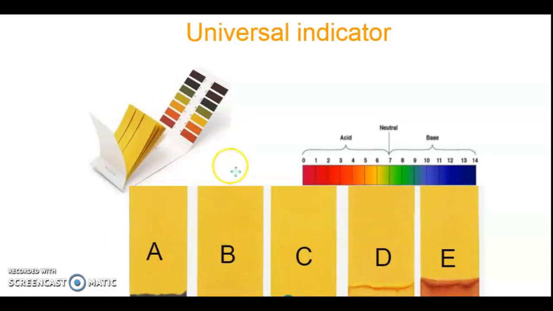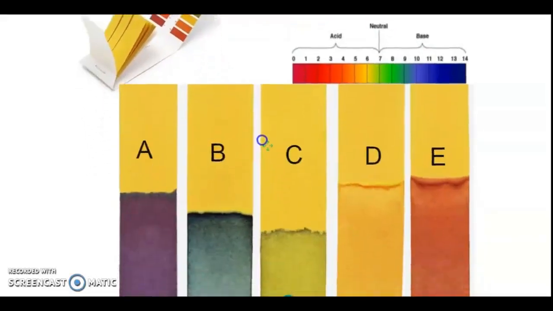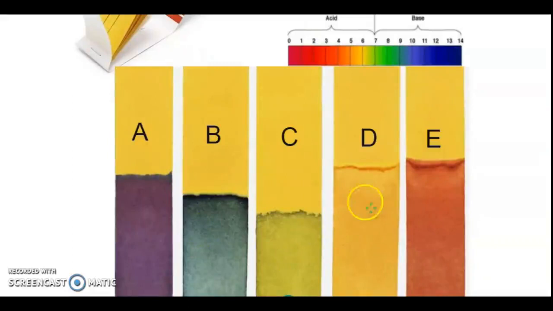So when you dip the universal indicator, it changes its color. There are various shades of color that it changes to. So according to the change in color, we can detect the pH of a given solution. So for A, you can say the pH is around 11 to 12. B, you can say it is around 9 to 10.